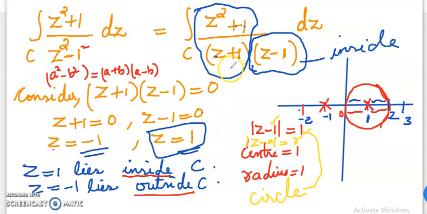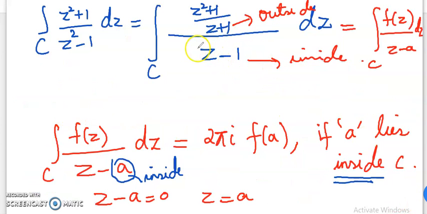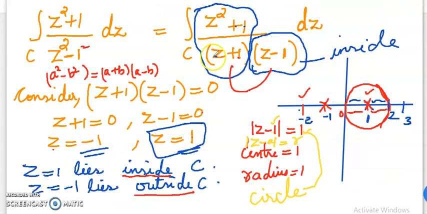When the denominator is in product form, and one of the z values is inside and one is outside, you take the outside value together with the numerator and keep the inside value in the denominator. No change.